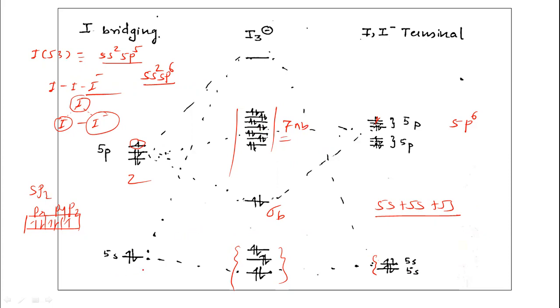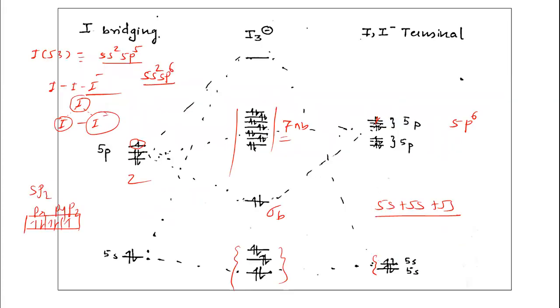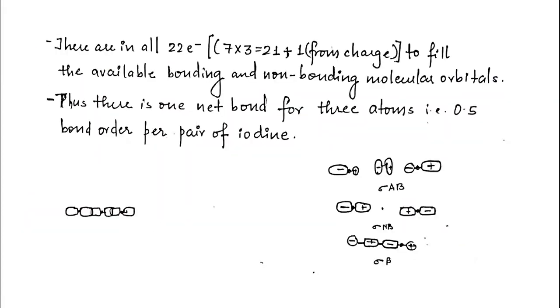Thus in the triiodide molecule, these are the bonding electrons, this is also bonding, and these are non-bonding electrons. So this is the expected MO diagram of the triiodide ion. The total number of electrons in the molecule is 22.